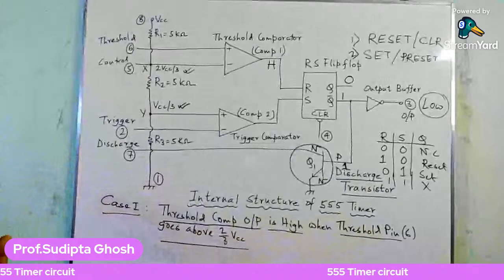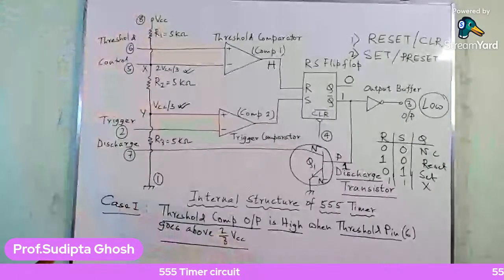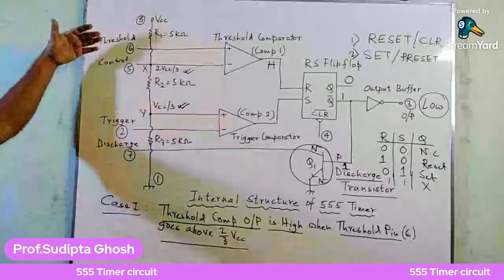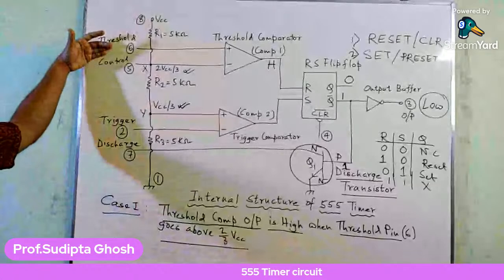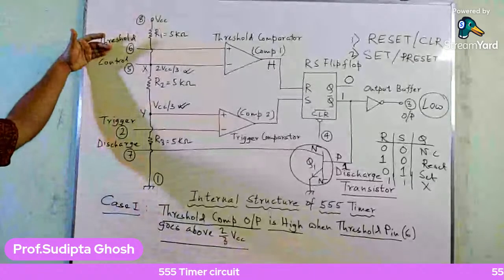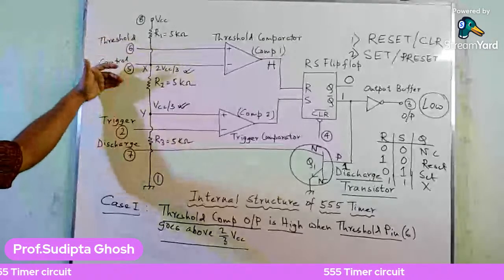So if I go over this again for you all, I have given a higher value at the threshold input. Higher means it goes above the 2/3 VCC value, or the value of the control pin.